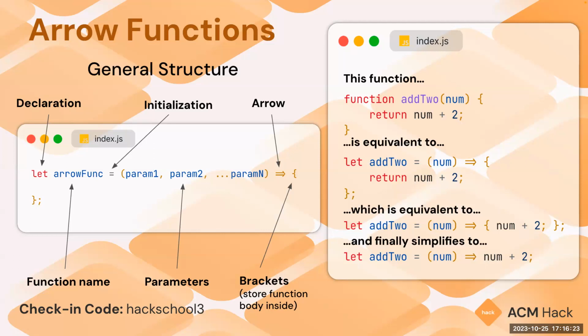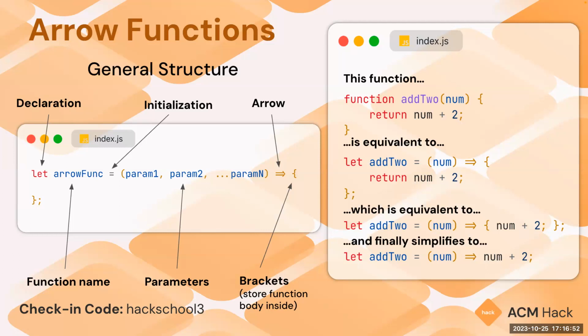So in the second image, we break down how we can turn a regular function into an arrow function, function add2. In that function, we have one parameter, which is num, so it's like a number allocation. And then it would essentially add 2 to that number, so you give it 4, and then it returns 6. And then we change it to the arrow function syntax by just using the same general structure.